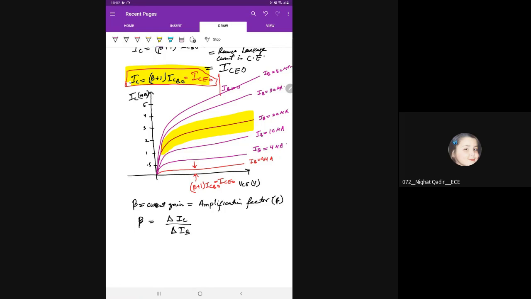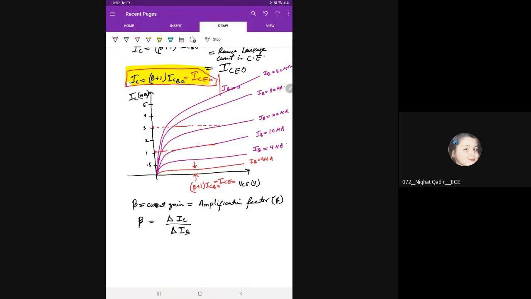For example, if we observe it in this way, from here all the way up to here, how much IC has changed. So it changed from 3 minus 1, for example. The first coordinate is at 3, and the second coordinate is at 1. So it will be 3 minus 1 milliampere.